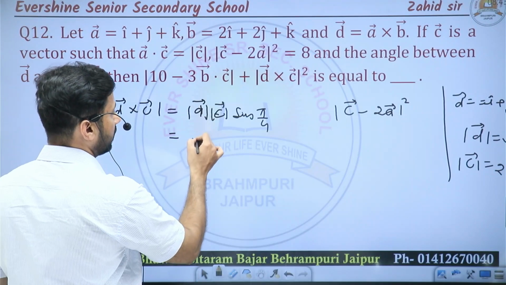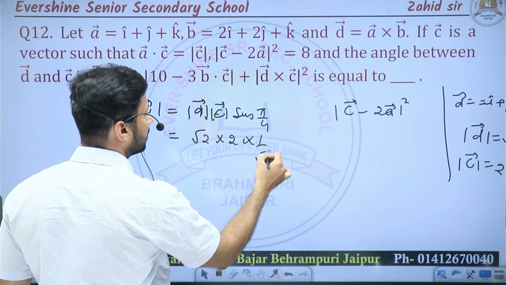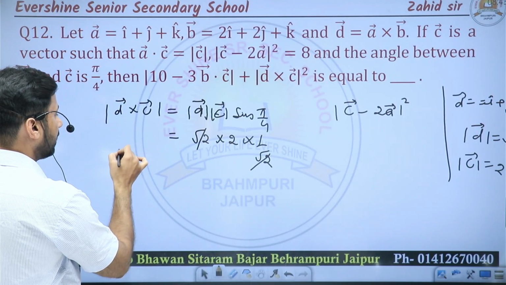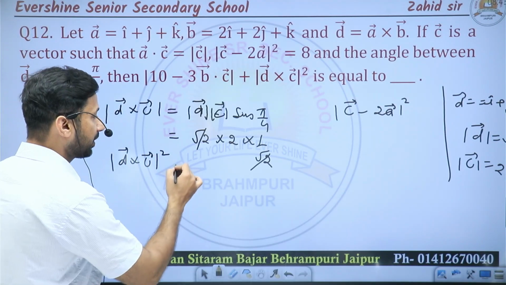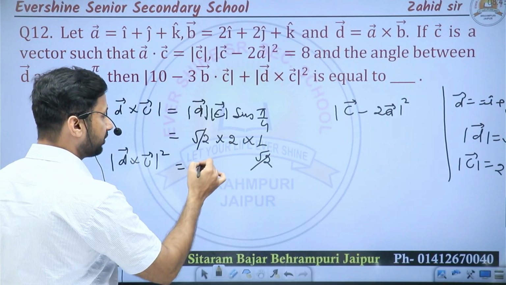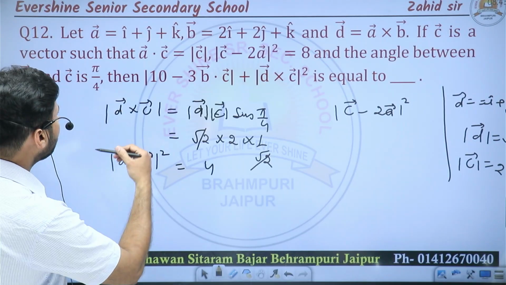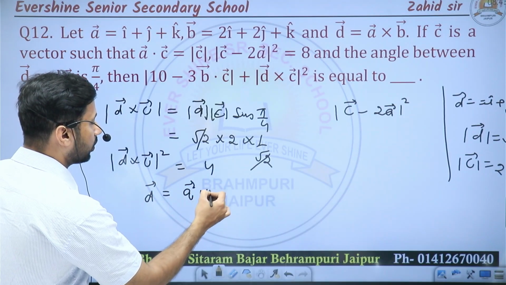Root 2. C is 2 and sine 45 is 1 by root 2, so I can cancel root 2 by root 2. I need the square of magnitude of D cross C, so that will be the square of 2, that is 4. Got it?